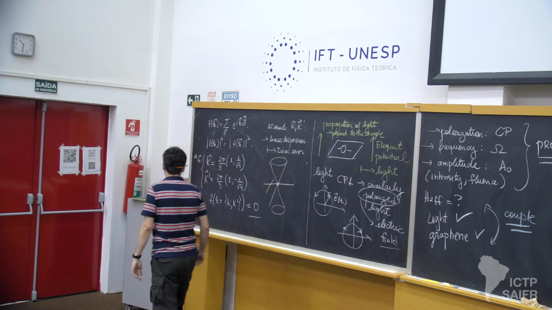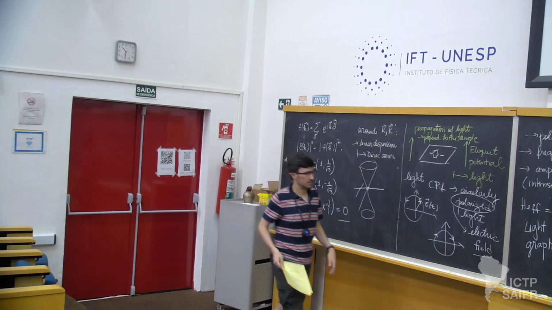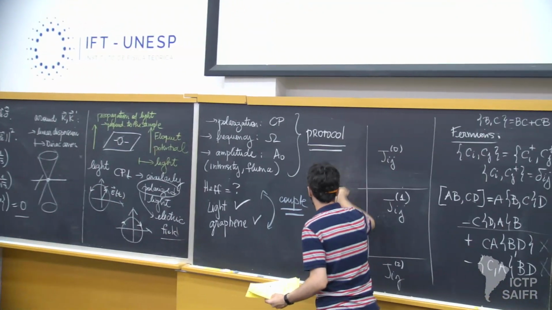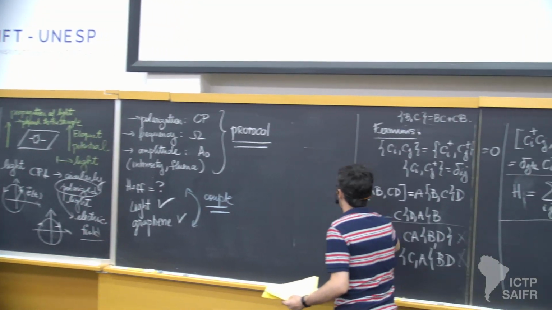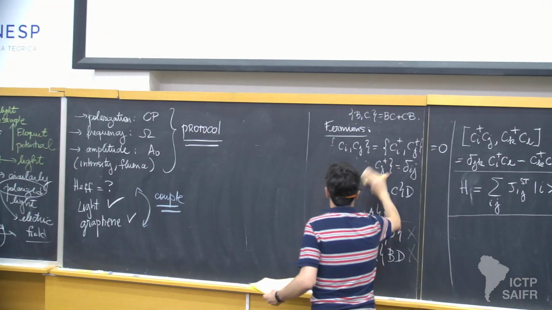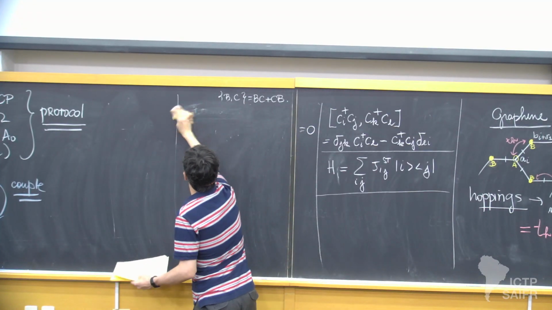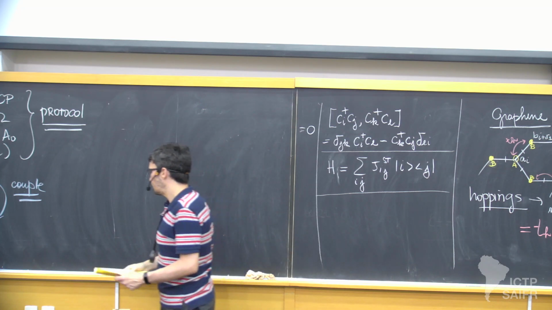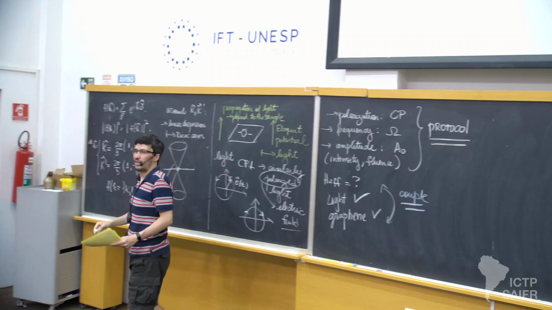Well, they couple the same way as you couple gauge fields with quantum mechanics. You do it by minimal coupling. So it's the standard coupling of electromagnetic radiation with electrons.